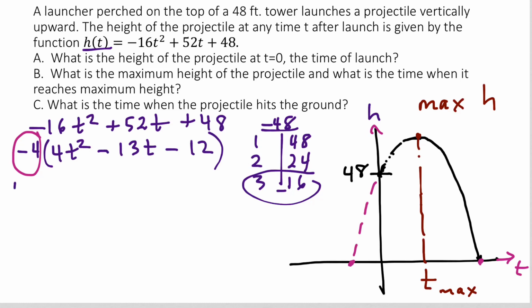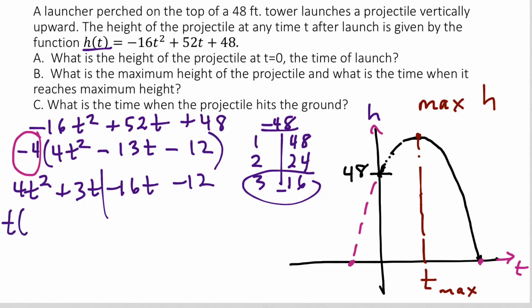So I've got 4t squared plus 3t minus 16t minus 12. That means I'm going to factor out a t here, so I've got 4t plus 3. I'm going to bring down my negative, and factor out a 4 of 16t, and a 4 of minus 12.